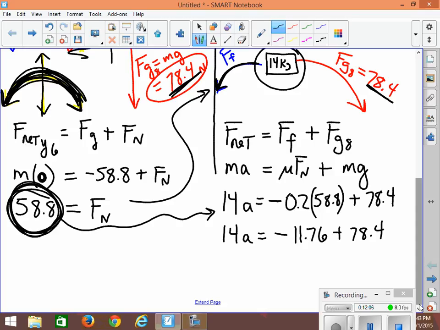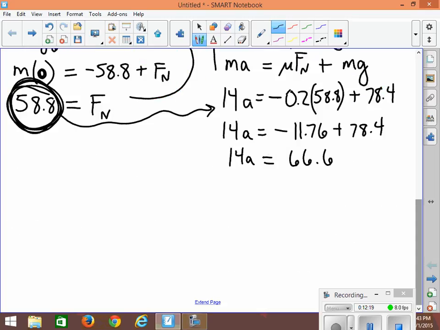So if you add those together with 78.4, you're actually doing a little subtraction. It's 66.6, and 14 a on this side. And then we simply divide that by 14, both sides, and we get an a that's equal to 4.76-ish. Remember, we're not using sig figs, so we have to bear in mind that it might not be that precise. Meters per second squared. But that's basically the answer, ballpark.